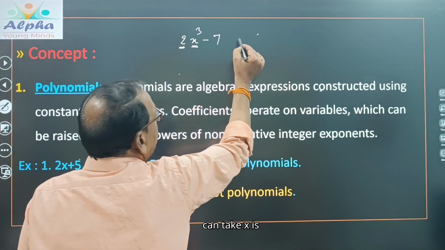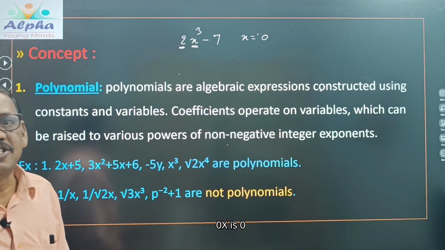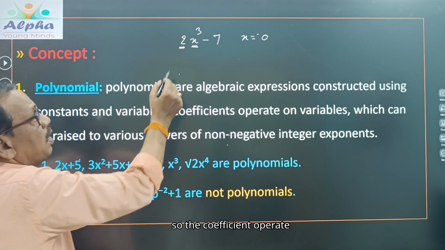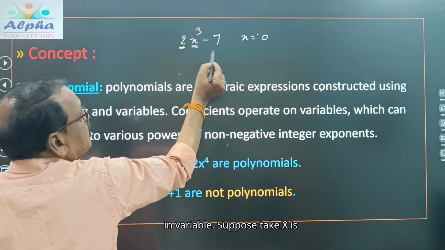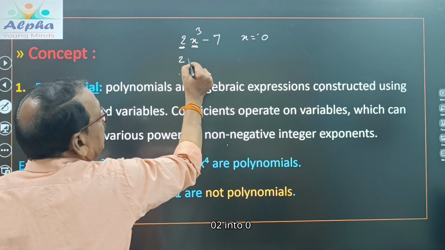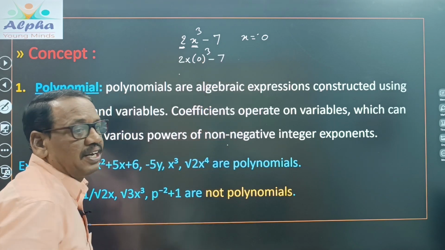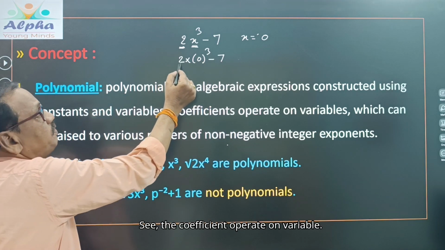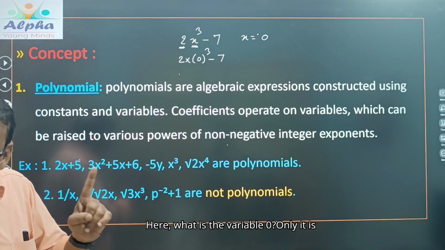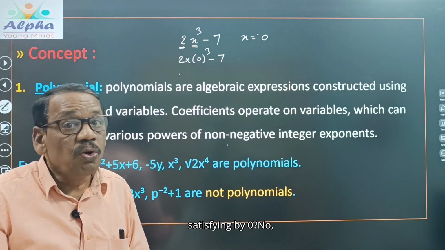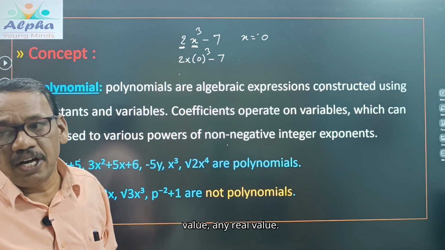Suppose you take x is 0, 2 into 0 power 3 minus 7. Here what is the variable? Only 0? Is it satisfied only by 0? No. x is satisfied by any real value.